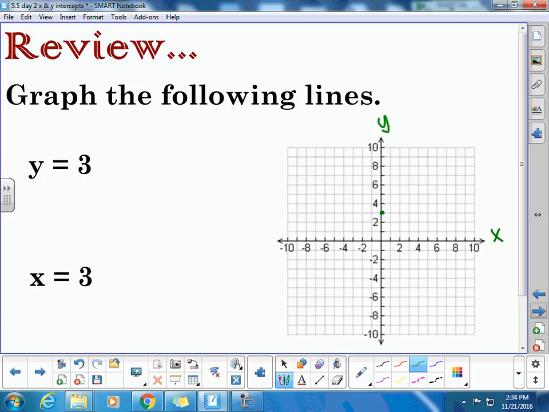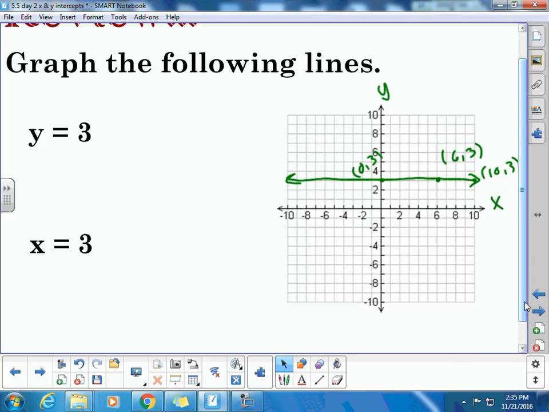This point is 0 for x, 3 for y. How about this point right here? It would be 6 for x, 3 for y. How about right here? 10 for x, 3 for y. So the equation y equals 3 is just this horizontal line that goes through the y-axis at the number 3.